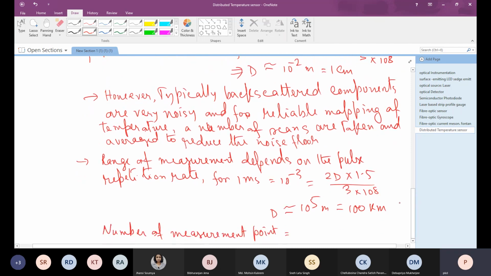So that means 100 kilometer by 10 to the power minus 2, so that is 10 to the power 7.